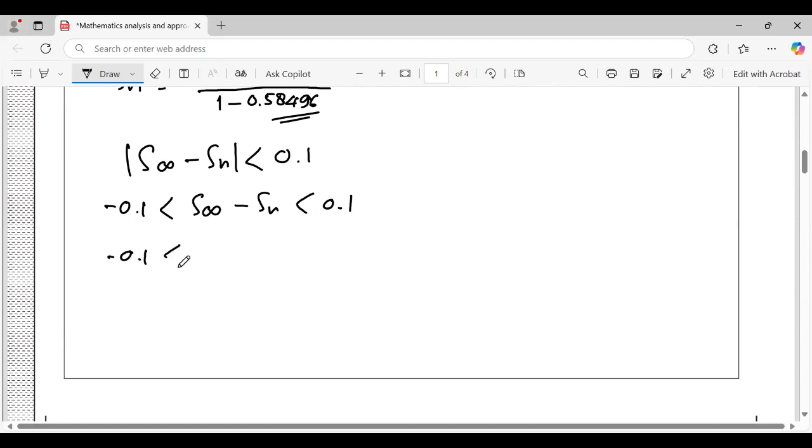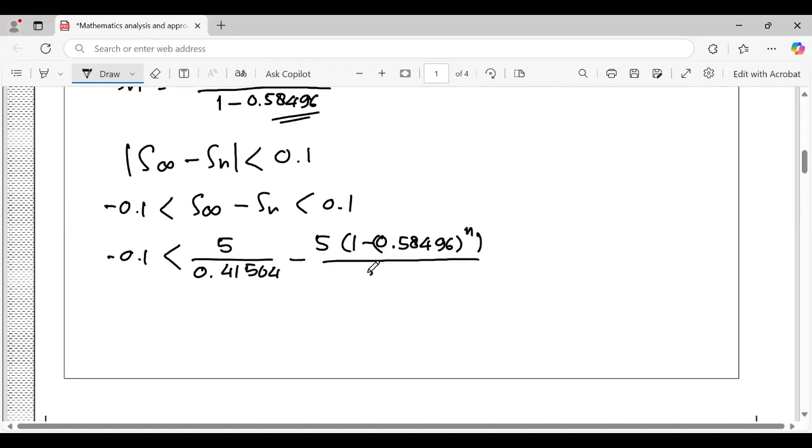Minus 0.1. S infinite is 5 over 0.41504 minus 5 times 1 minus 0.58496 to the power n over 0.41504, less than 0.1.